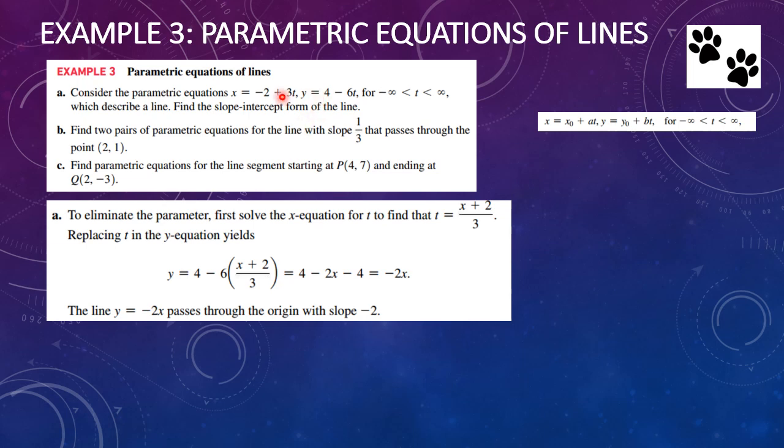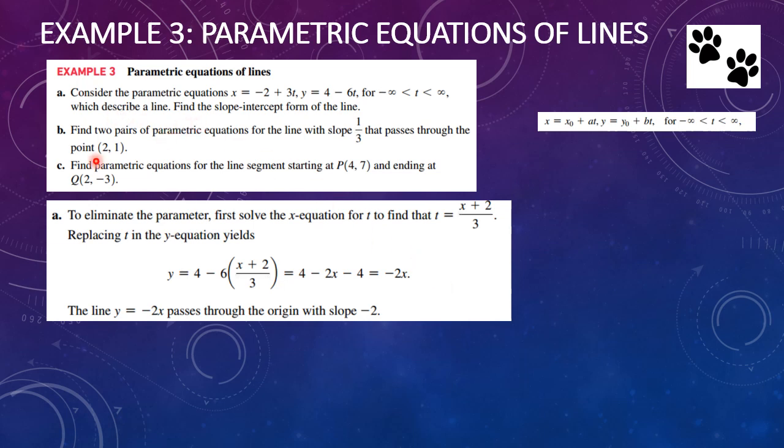We then plug that formula in for t into y equals 4 minus 6t, plugging in (x plus 2) over 3 for t. And so notice we get 4 minus 2x minus 4, which simplifies to just negative 2x. Notice there's not a y-intercept, so that means that the line passes through the origin. So the line y equals negative 2x passes through the origin with a slope of negative 2. Okay?